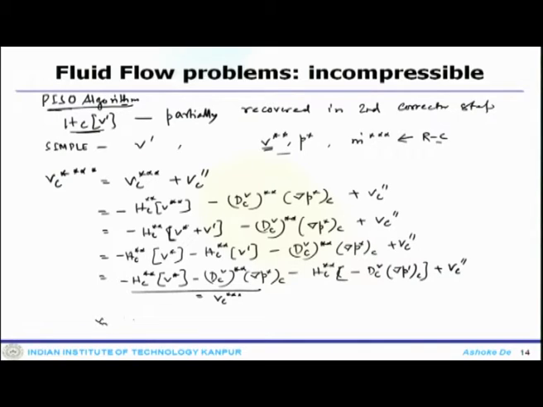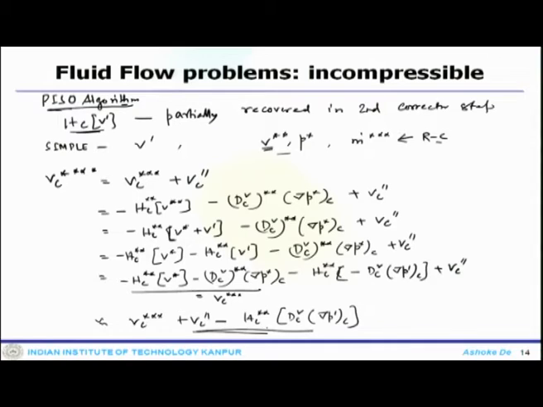So this will become V_C1^*** plus V_C'' minus H_C^** D_C V delta P'_C. So this term represents the portion of the H_C V' which was neglected, and it is in this algorithm partially recovered.